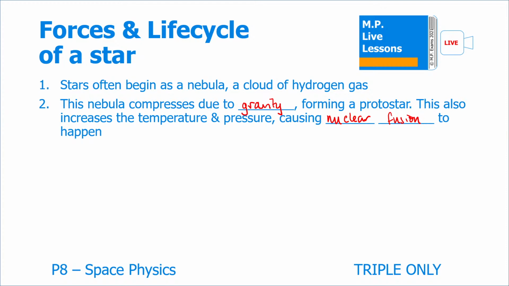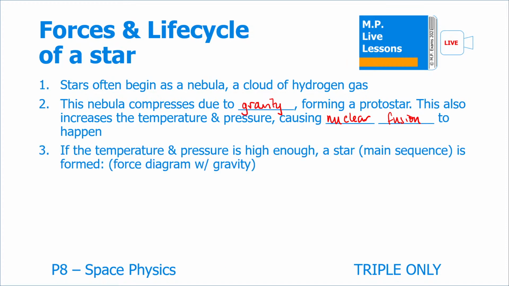So this is where lighter elements like hydrogen will then fuse with other hydrogen atoms to form heavier elements like helium. Now, if the temperature and pressure is high enough, a star in its main sequence is formed.